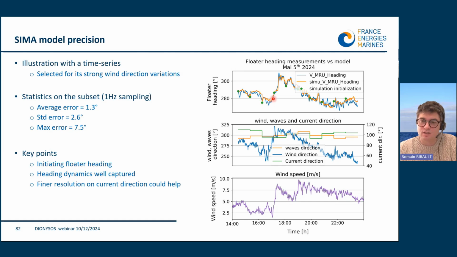Then when the wind is increasing, the floater is following the measurements. We still have some improvements to be made here. Maybe a finer current resolution would help to model the floater heading.